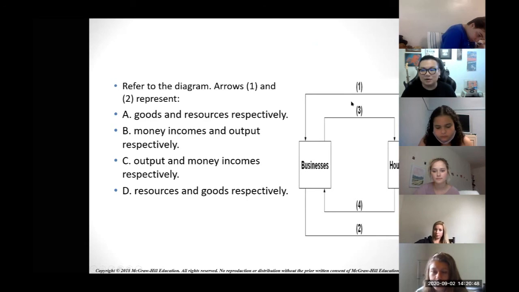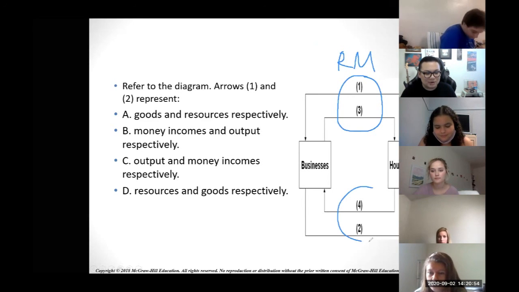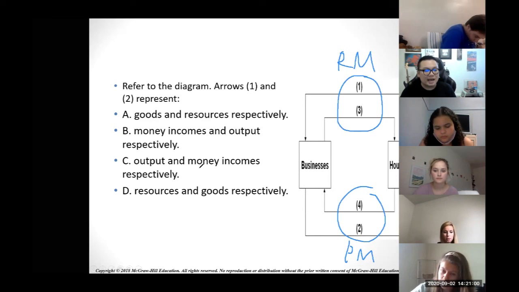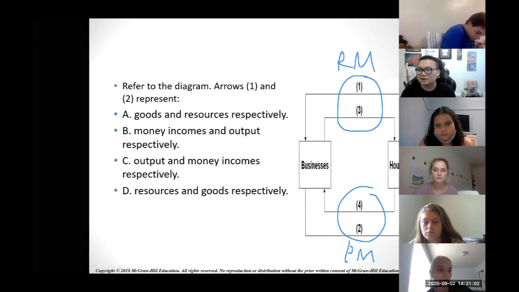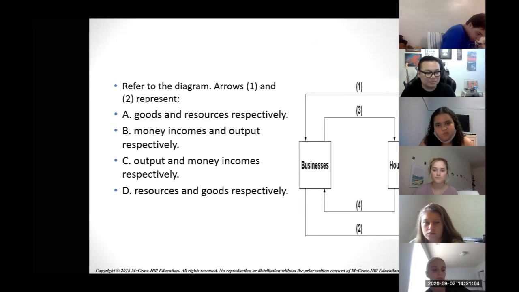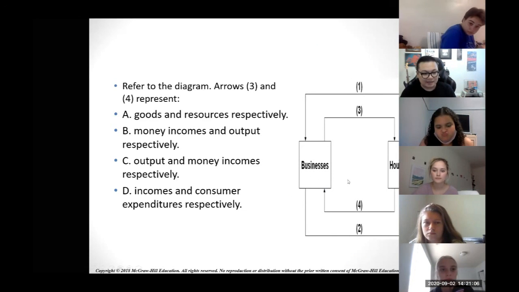If we want to draw a picture here, this should be the resource market, and here, this should be the product market. So the household sells resources to the business and the business sells products to the household. So the answer will be D, correct?